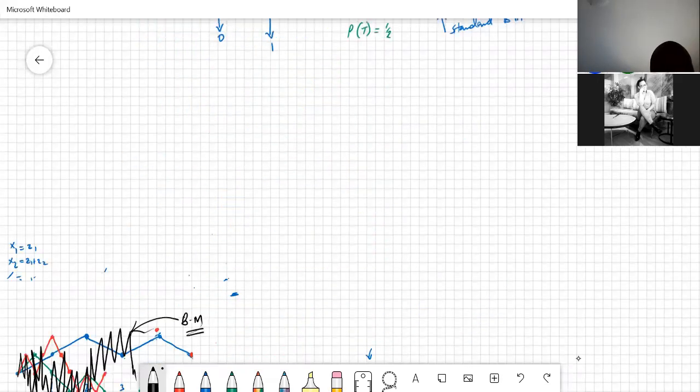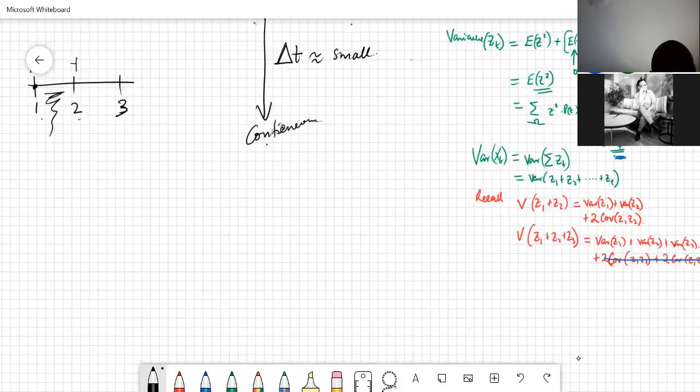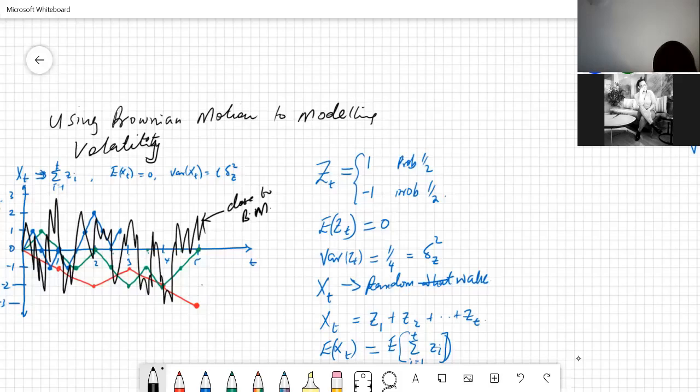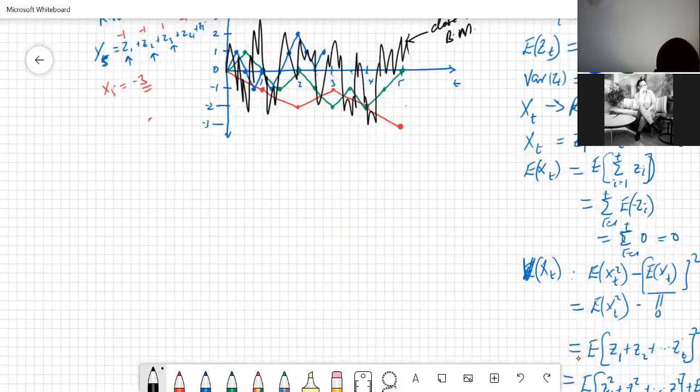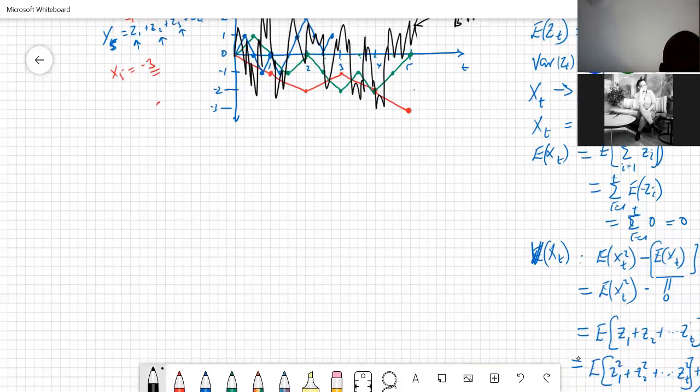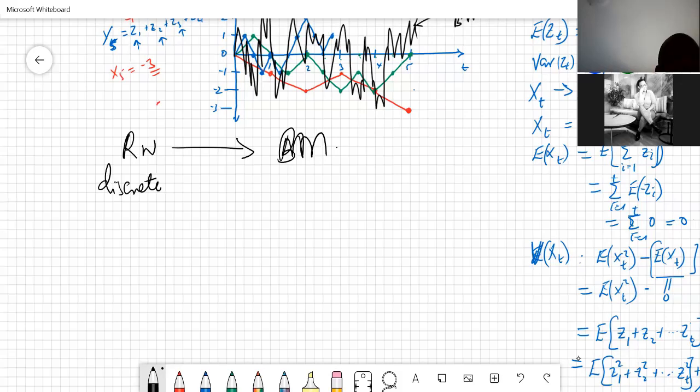So that is what we are talking about, the Brownian motion. Now that means, Joanne, from random walk to Brownian motion, we have here discrete time, and here we have continuous time.